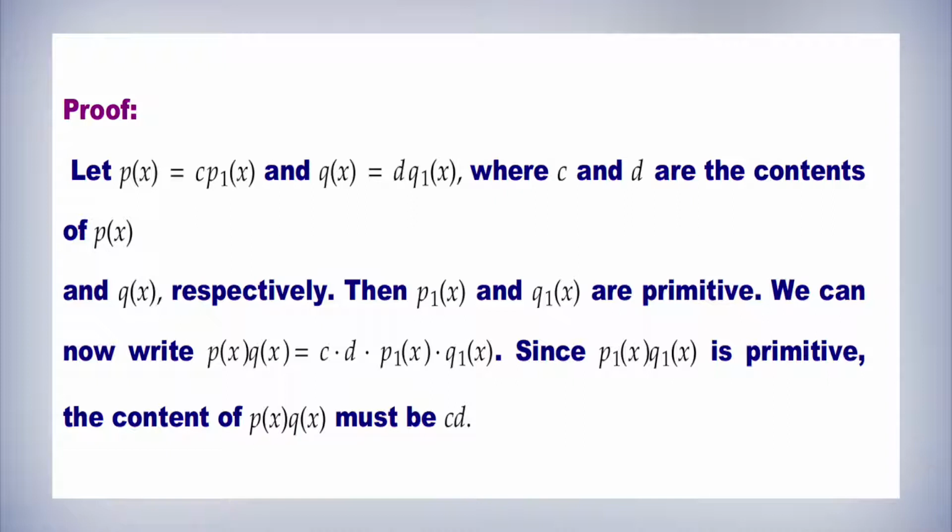Then p1(x) and q1(x) are primitive. We can write p(x)q(x) = cd times p1(x)q1(x). Since p1(x)q1(x) is primitive, the content of p(x)q(x) must be cd.